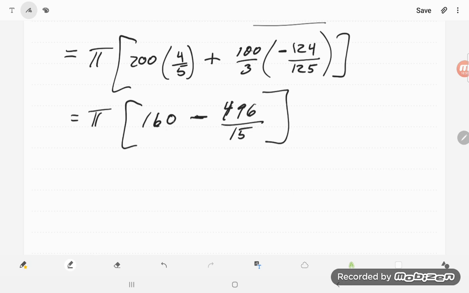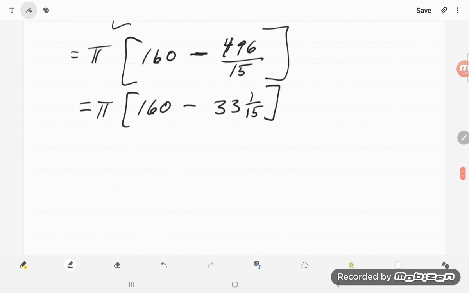And this is where I would probably punt and say, oh, I don't want to deal with 160 and 4. So probably the way I'd handle this, other than a calculator, is 160 and go to a mixed fraction, because 15 into 49 goes 3 times with a 4 left over. So 46, that would be 3 more times, and 1/15.